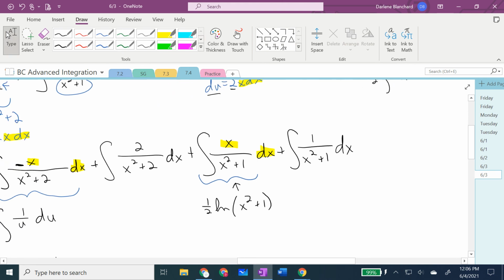Let's look real quick at the fourth one. Do you recognize the fourth integral? If you don't recognize that fourth integral, you can go through trig substitution and then go, oh yeah. Or you recognize it.